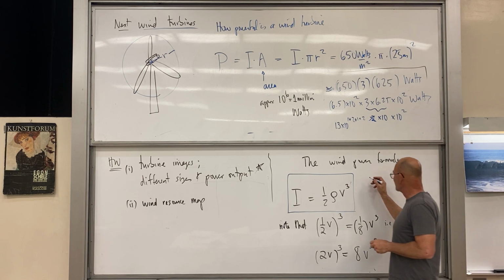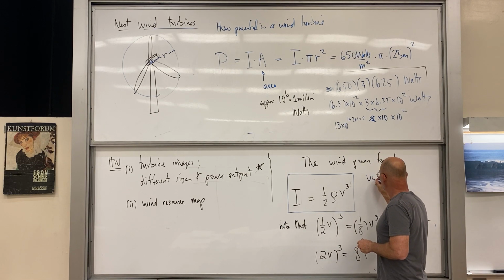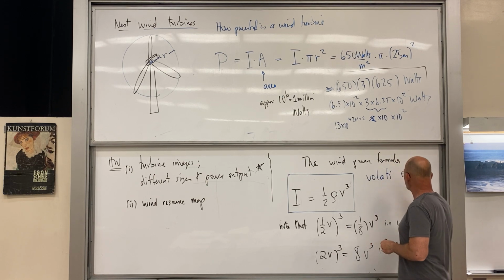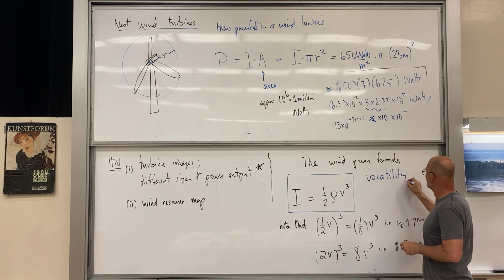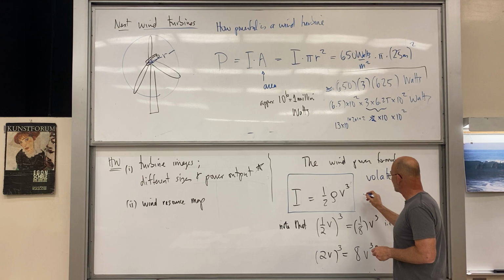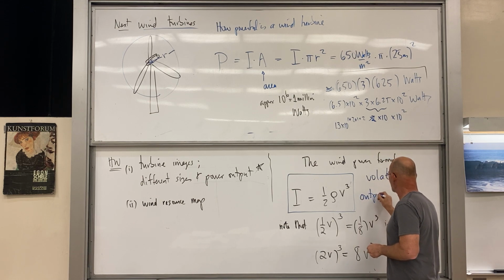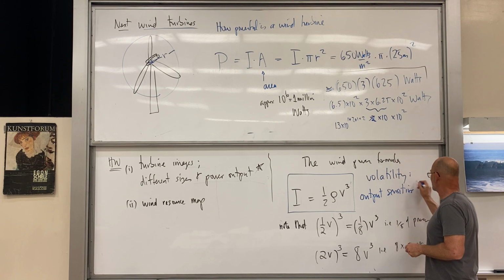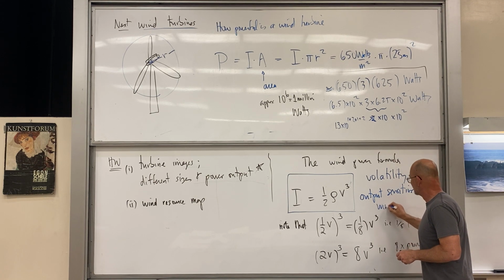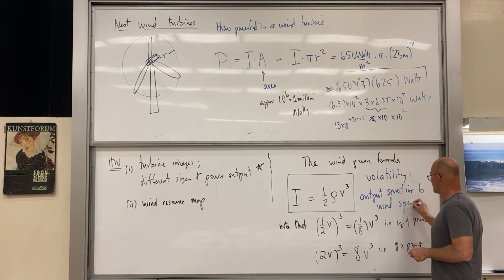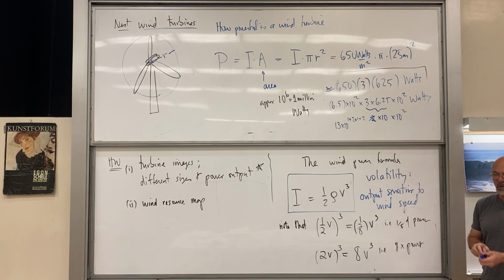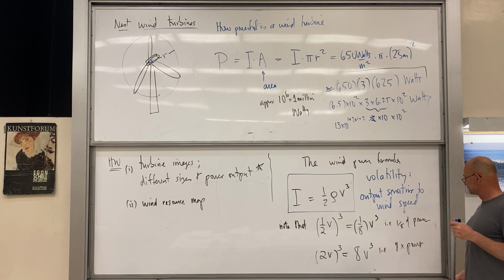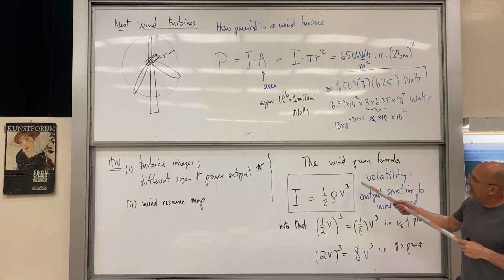So yeah, we could call this volatility. So the output is sensitive to the wind speed. This is why a little bit of mathematical understanding goes a long way. Okay, good. We'll leave it at that.